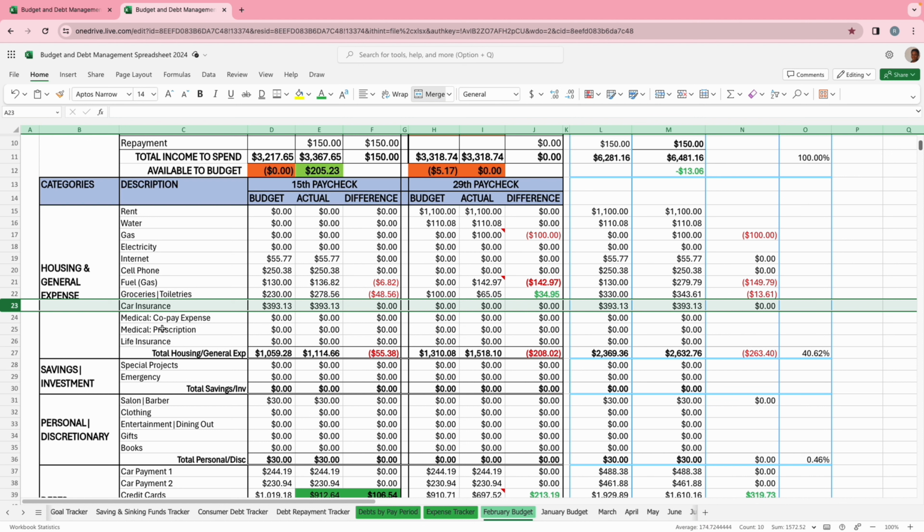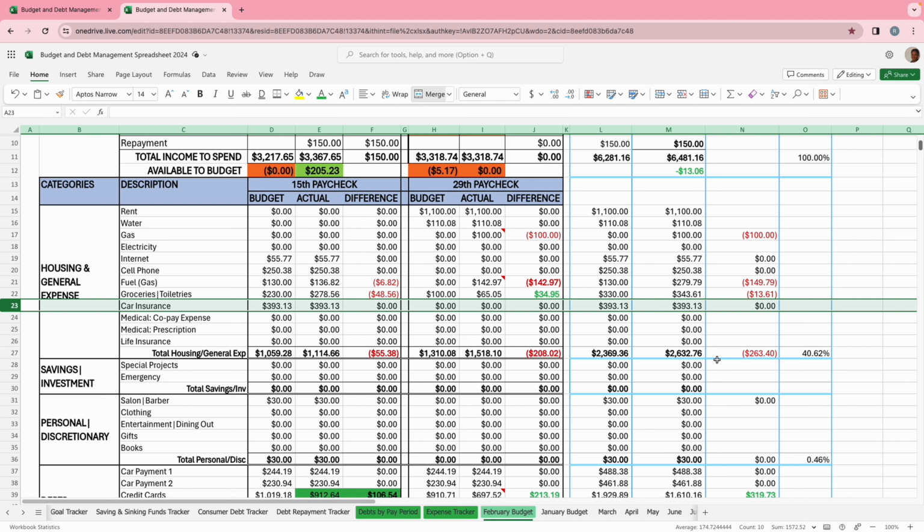No budget was made and nothing was spent for medical expense, life insurance, and prescription. The amount budgeted for the housing and general expense category was $2,369.36, but I spent $2,632.76.